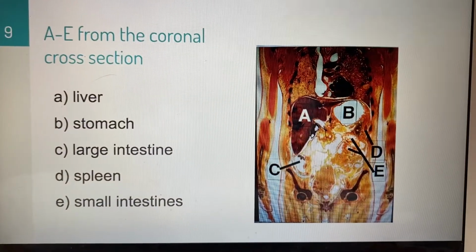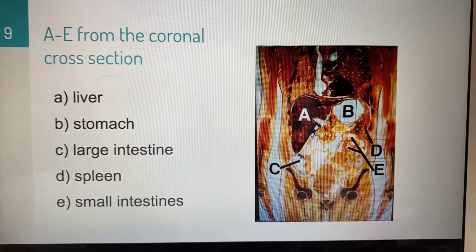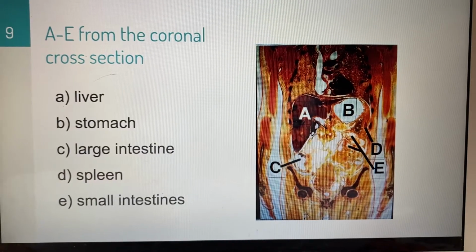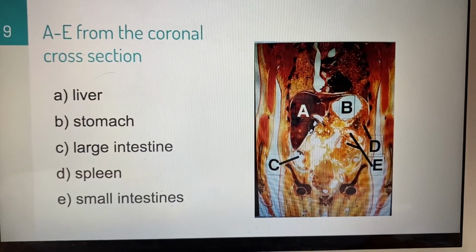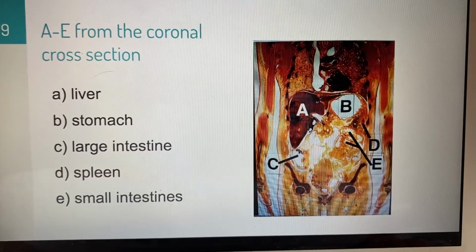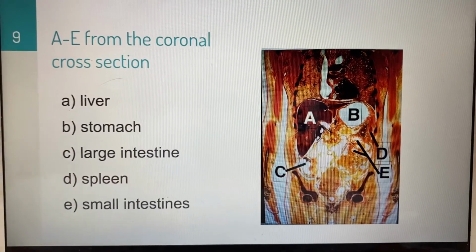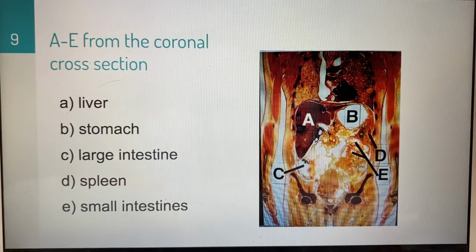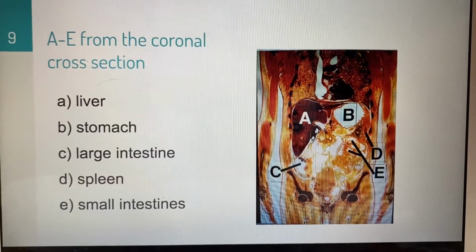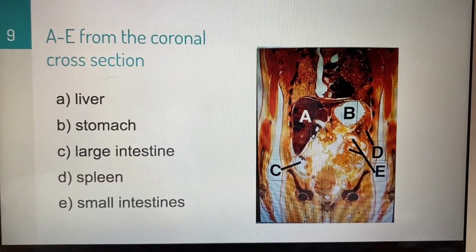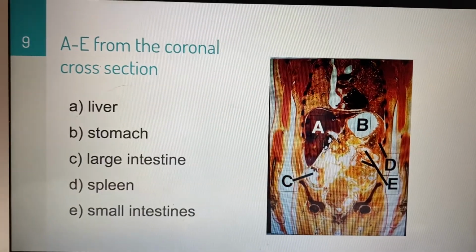So next, we're labeling a coronal cross-section, and I again matched the letter with what the organ is. There's not a lot of leeway with this because in anatomy there's only one right answer. So yeah, you can look at those, study those.